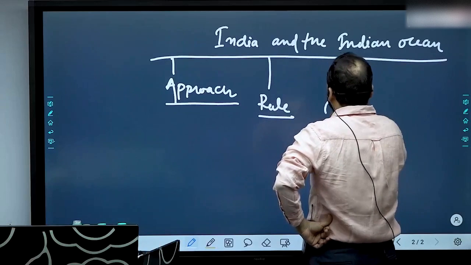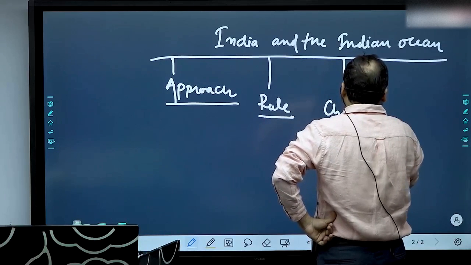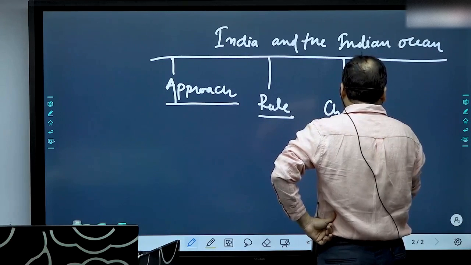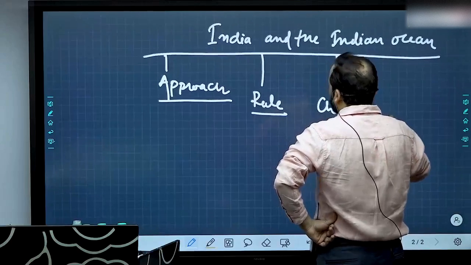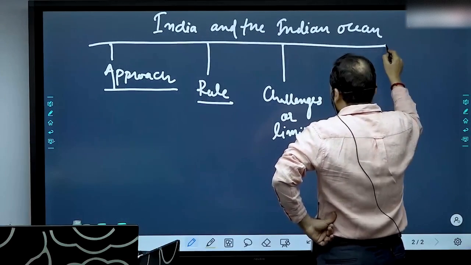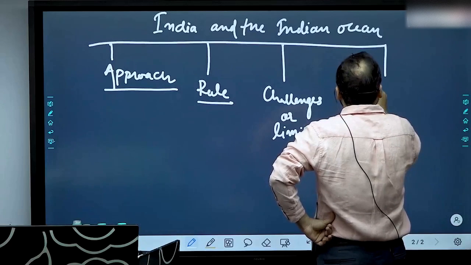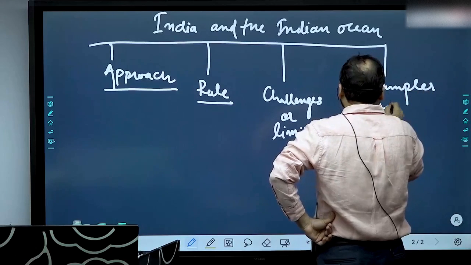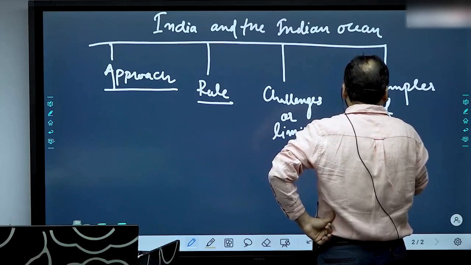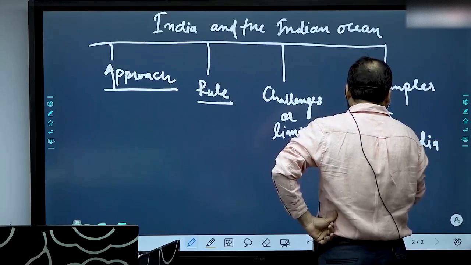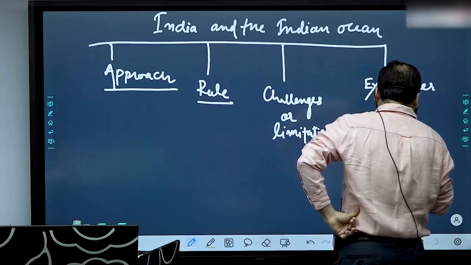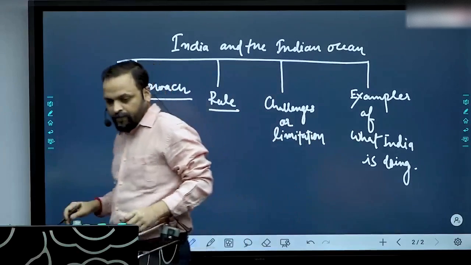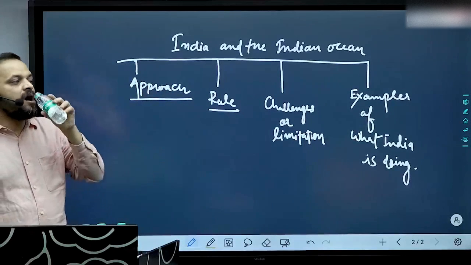And then some challenges or limitations to India's approach, India's role, or the capability of India in playing that role. And thereby we would also see some examples of what India is doing. This is what we'll be doing, in order for you to understand what to expect in the examination from the Indian Ocean region.